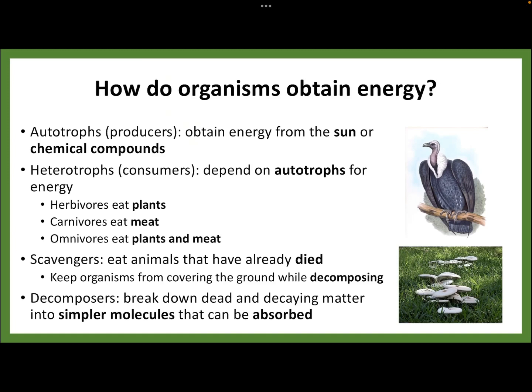We also have 2 other classifications that we can discuss when discussing heterotrophs, and those are scavengers, organisms that eat things that have already died. They, along with decomposers, which are organisms that break down dead and decaying matter into simpler molecules so that they can be recycled back through the environment, are very important in our ecosystems to keep the Earth from being covered in dead and decaying things.